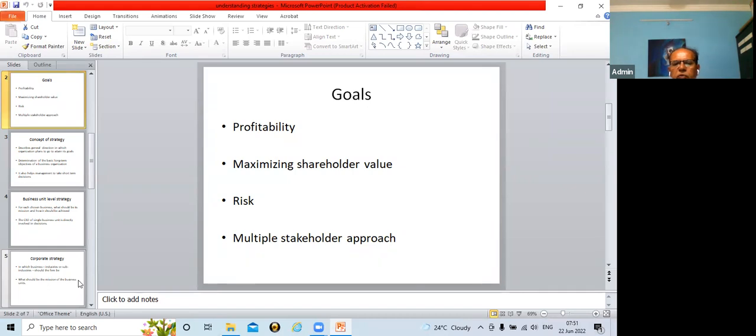Risk is also associated with banks, like in terms of giving loans and taking deposits. So there is risk involved. You pick up any goal, and you will see that these organizations are moving in and around this goal.